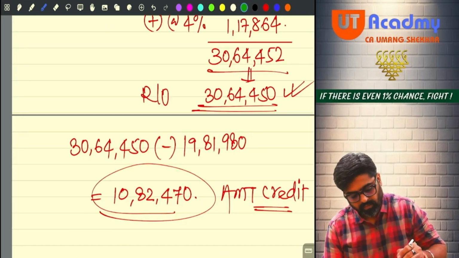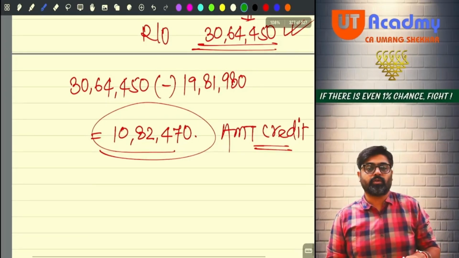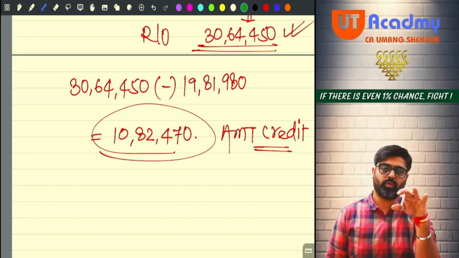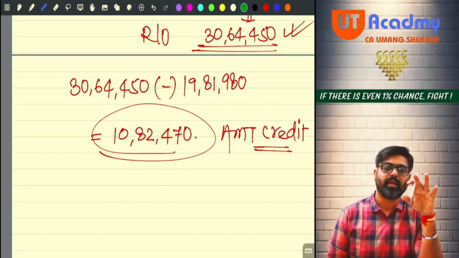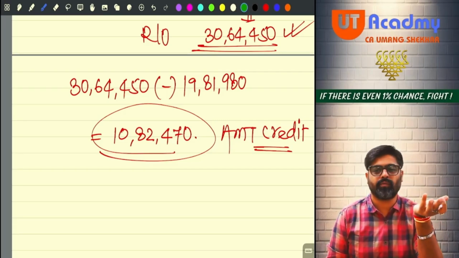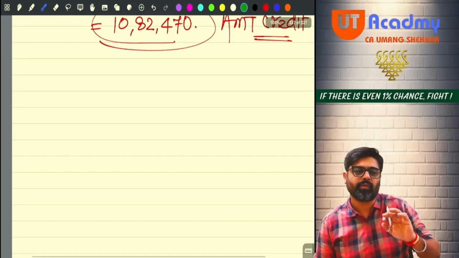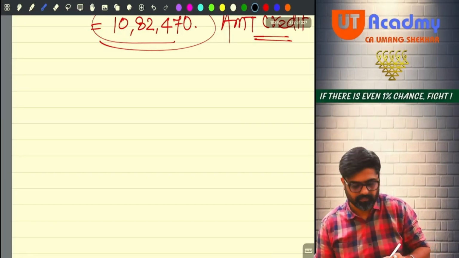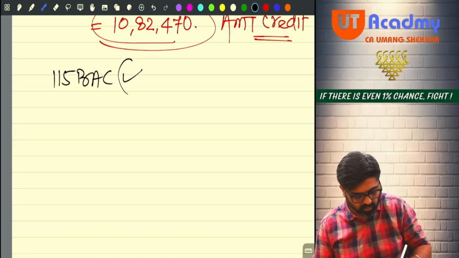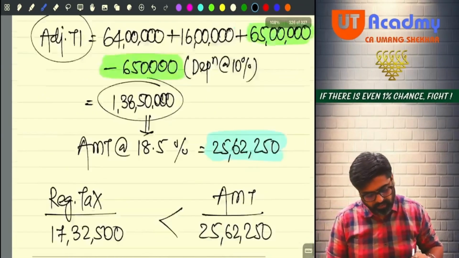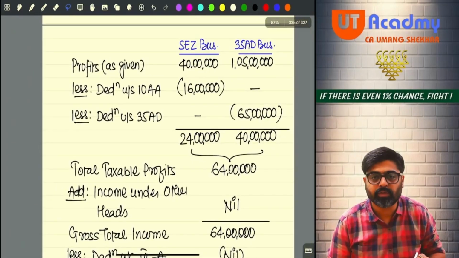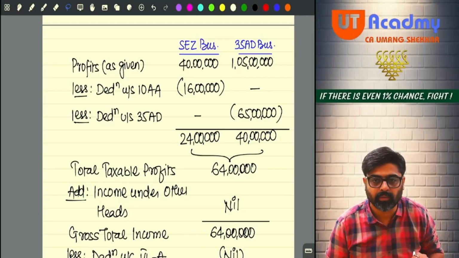Now see, this was the solution if you don't follow 115BAC. But what if you follow 115BAC, sir? If 115BAC was followed, then don't you think the deductions which you were getting, you are not going to get anymore?